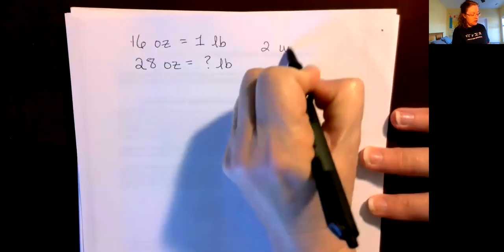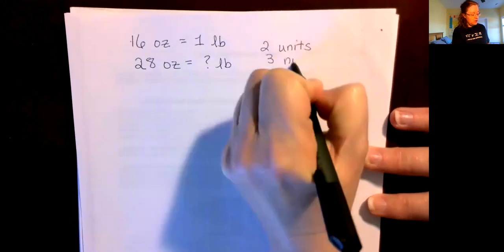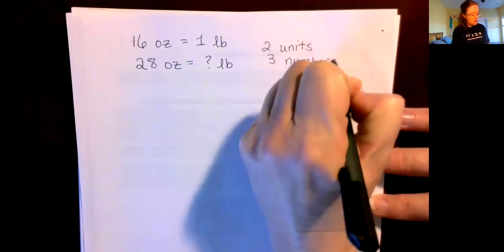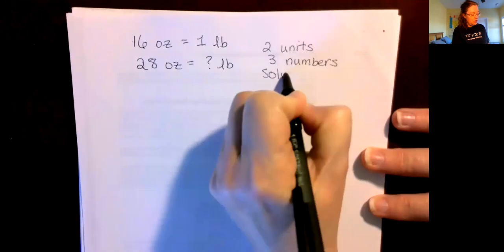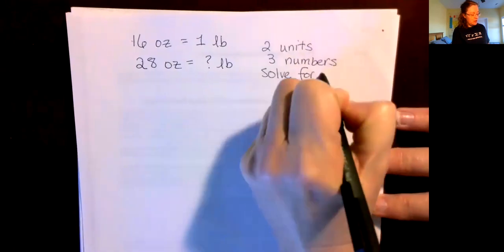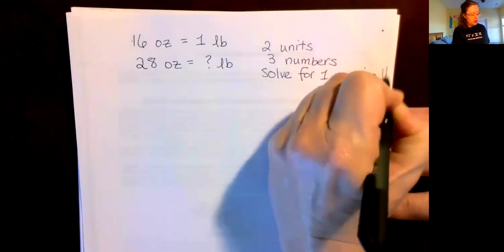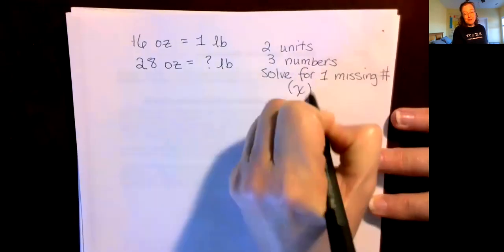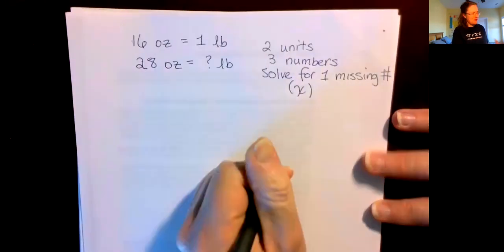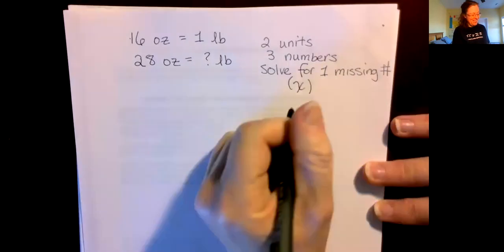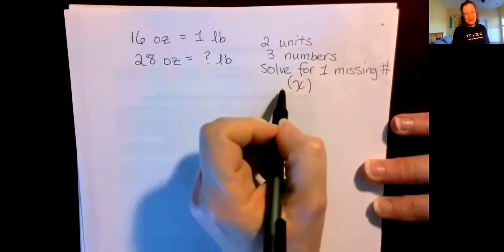We have 2 units and 3 numbers. We're going to solve for 1 missing number, and we're going to call that X. You can call it whatever letter you want. Use the first letter in your name, I don't care. But X is pretty traditional.